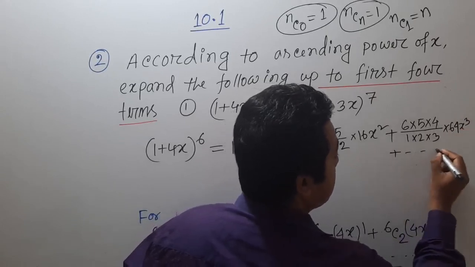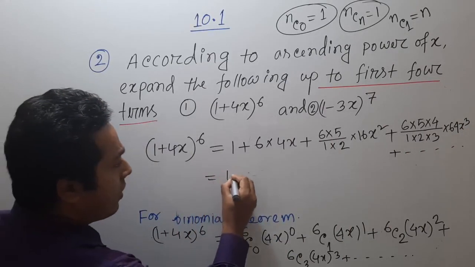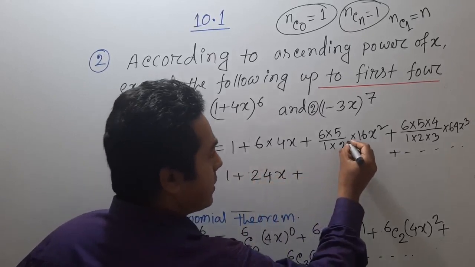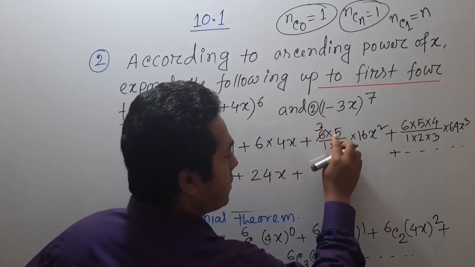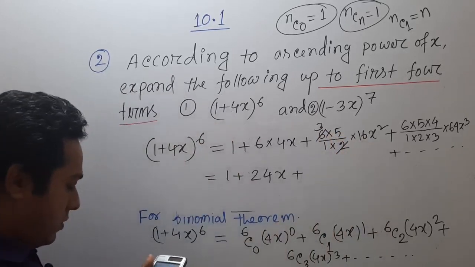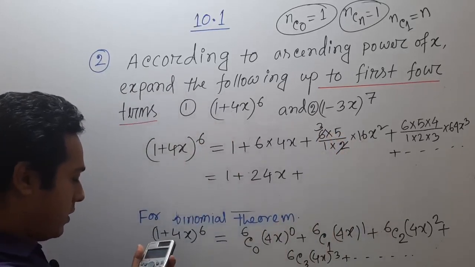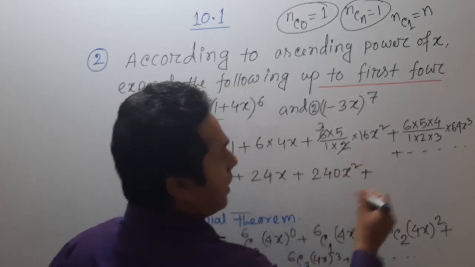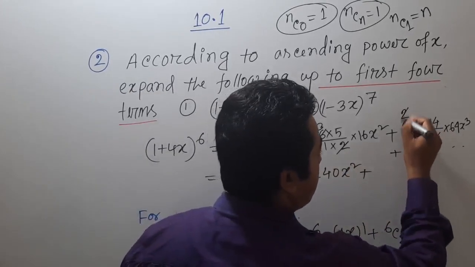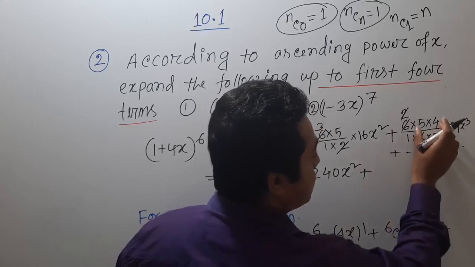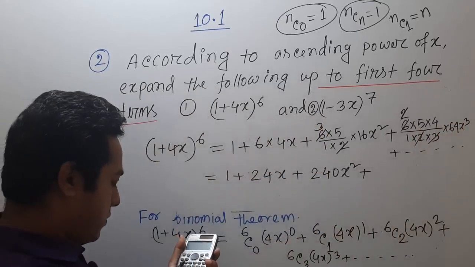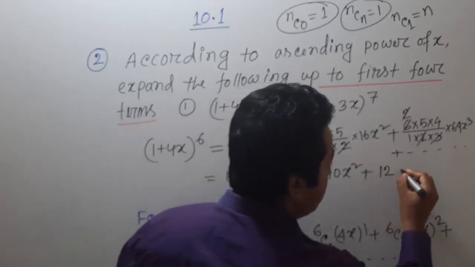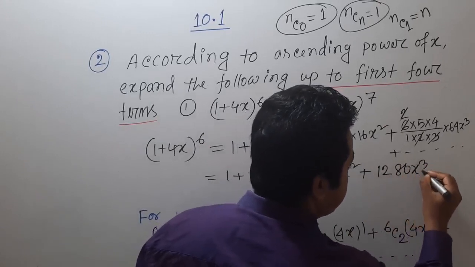Plus dot dot. Here 1 plus 6 into 4, 24x, and here 3 into 5, 15 into 16 is equal to 240x squared, and 20 into 64 is 1280x cubed.